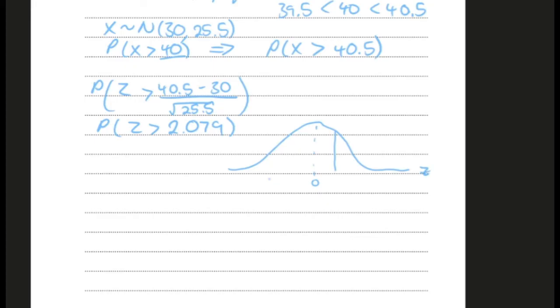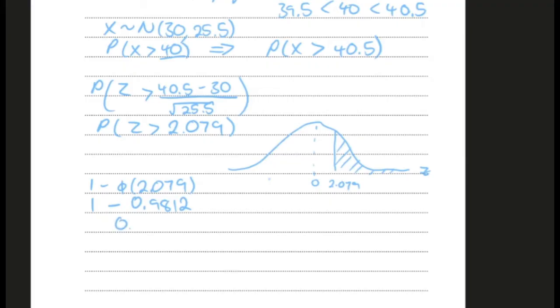So that's 1 minus phi of 2.079, which is 1 minus, reading off the value from the normal distribution tables in the MF19, 0.9812, and this simplifies to give 0.0188, and that's our final answer.